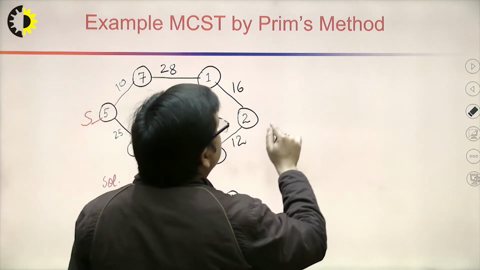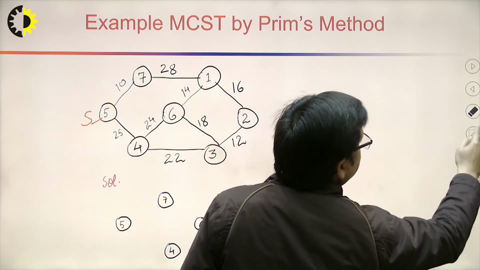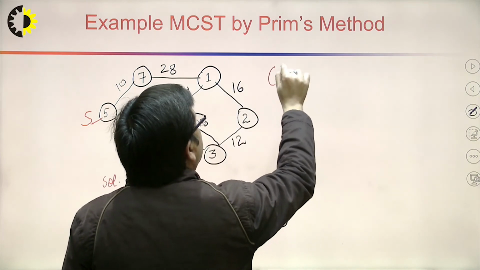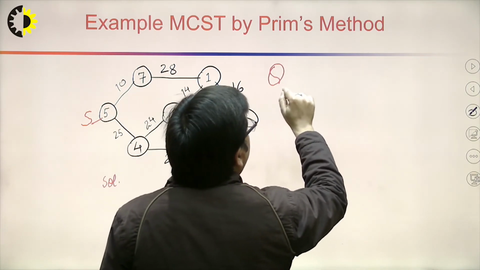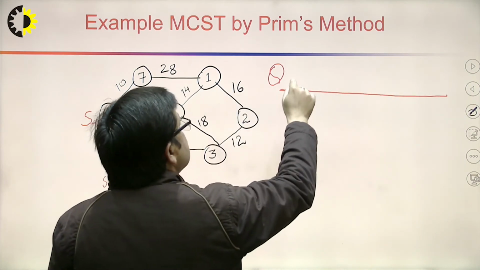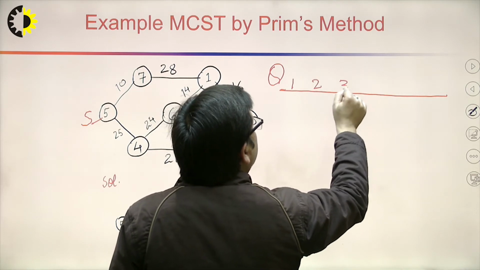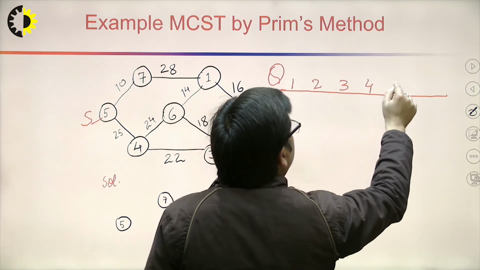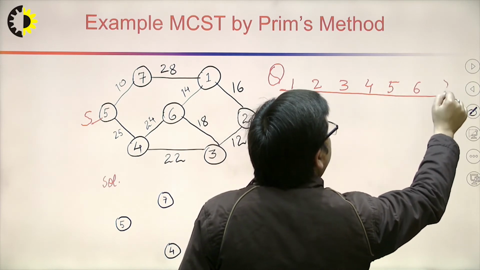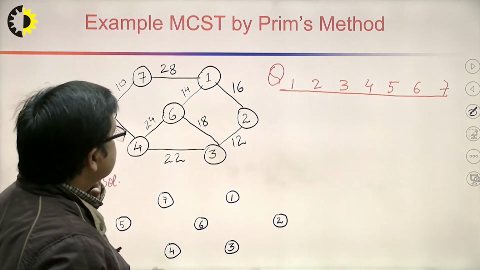Let us assume this is our queue, and all the vertices are pushed inside it. The vertex names are 1, 2, 3, 4, 5, 6, 7, and we assume that 5 is the source vertex.